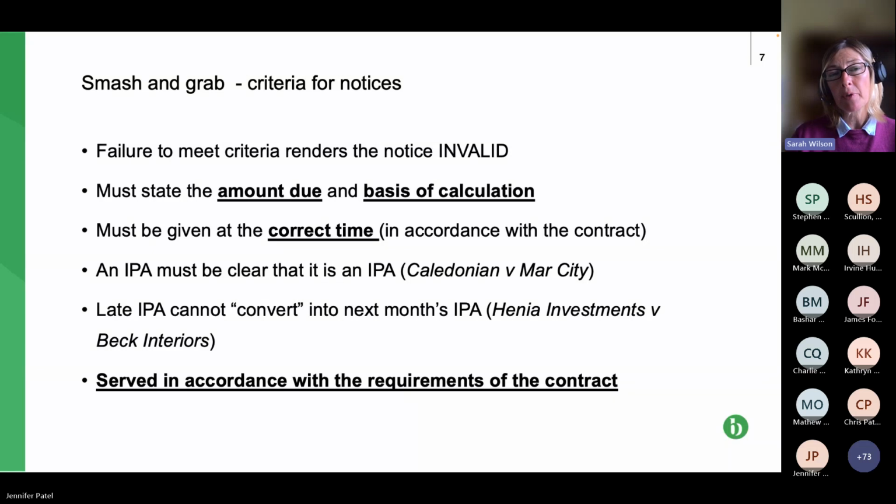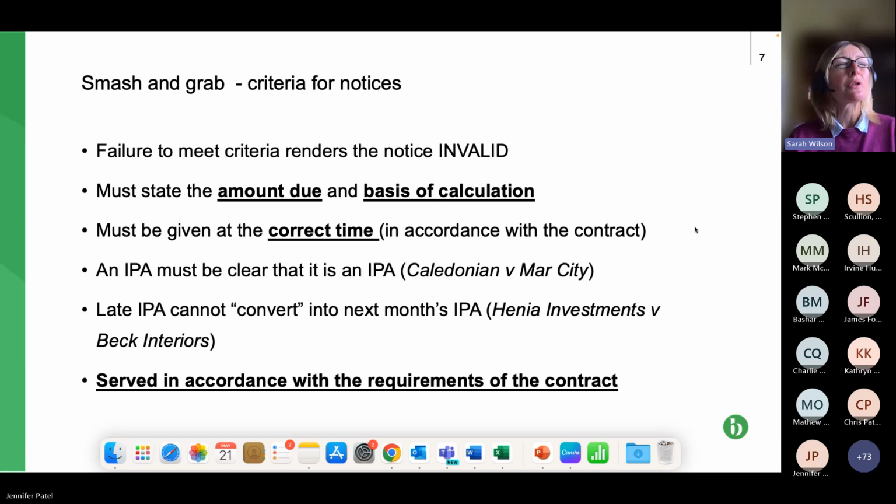So this next bullet point, an IPA must be clear that it is an IPA. So that's the case of Caledonian and Mar City. Now, there's an absolutely huge amount of case law regarding these payment processes. This is just one of them.